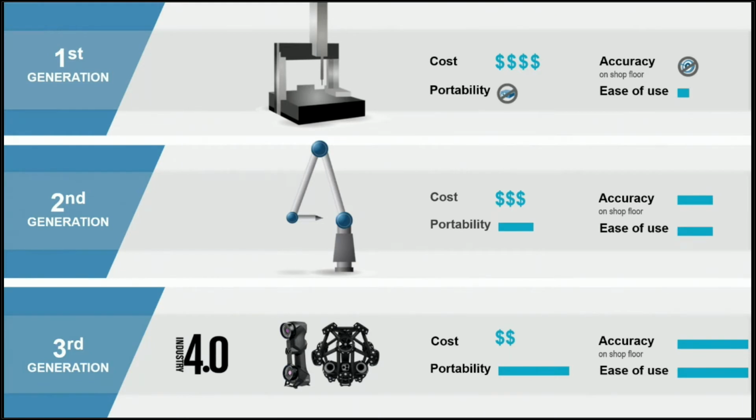Those technologies need to be in a metrology lab, and that's okay, but they don't have that portability. So the third generation technologies that Additive offers, and we provide this as a service, by the way, all feature portability in support of Industry 4.0.